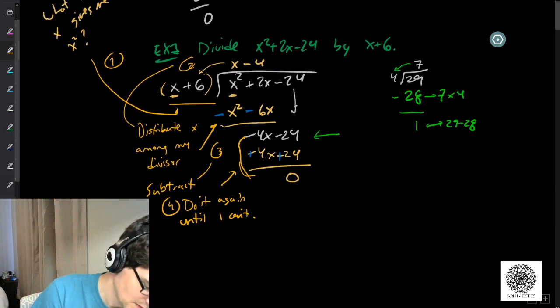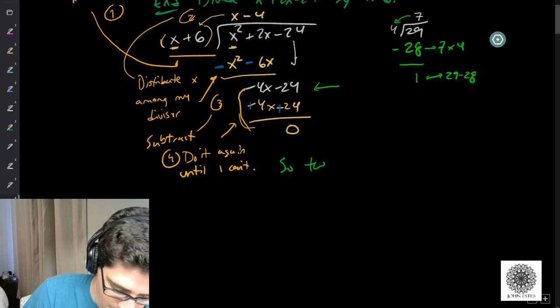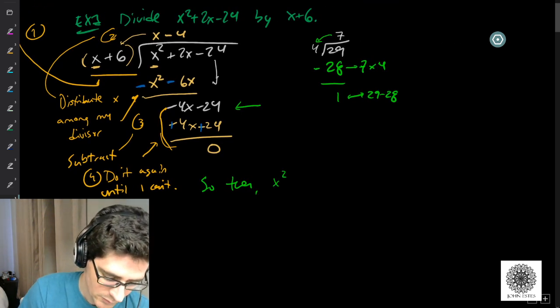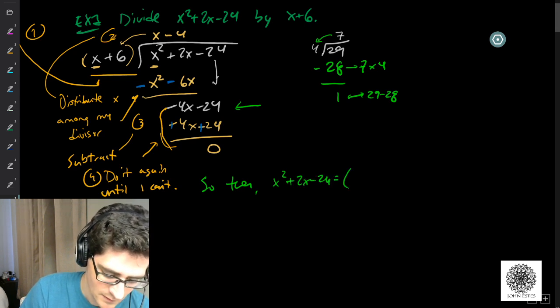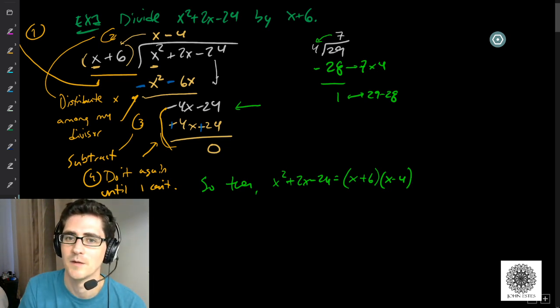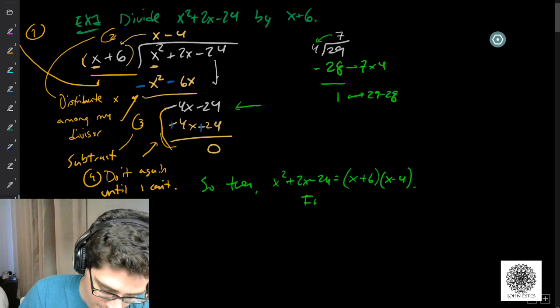Now what this means is x squared plus 2x minus 24 is the same thing as my divisor times my quotient plus my remainder. My remainder was 0. Look at that. It's factored.